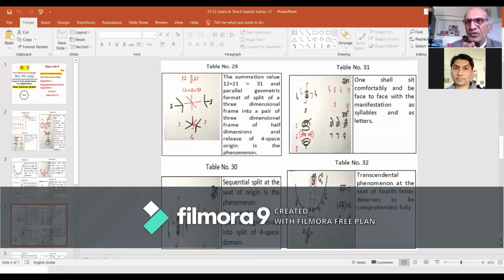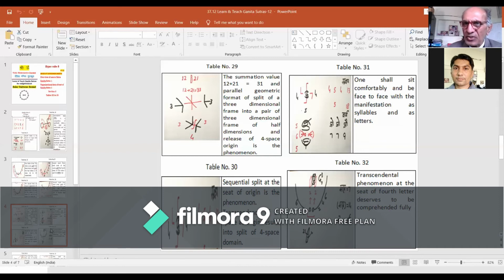Therefore, this sequential split and consequential transcendence phenomenon of the origins is the phenomenon with whose comprehension and imbibing we will be parallel with the processing systems of Vedic mathematics.